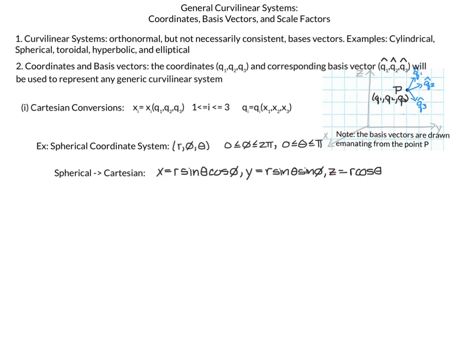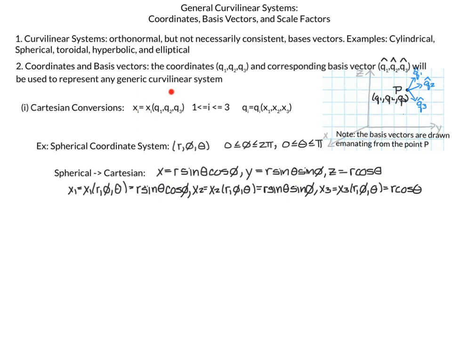So x is a function of r, phi and theta, and it's equal to r sine theta cosine phi. y is also a function of r, theta, and phi, and it's equal to r sine theta sine phi. And z is also a function of r, phi, and theta, although phi is not used; it's r cosine of theta.